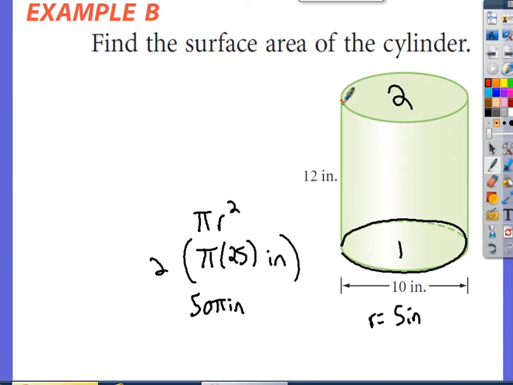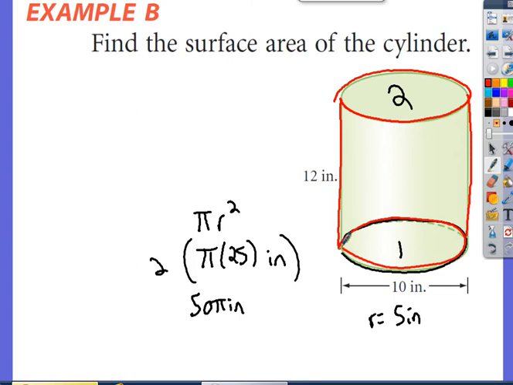Then you have to find the area of this shape. Okay? To find the area of that shape, you have to do 2 times pi times r times the height. Because you have to find the circumference, because what you're getting is this part of the object, the circumference, not the area, times the height. So that's going to be something you have to remember.